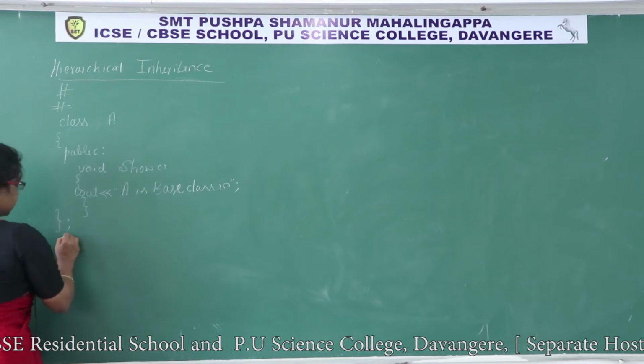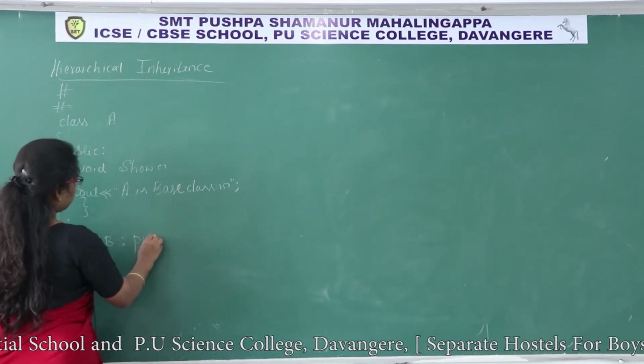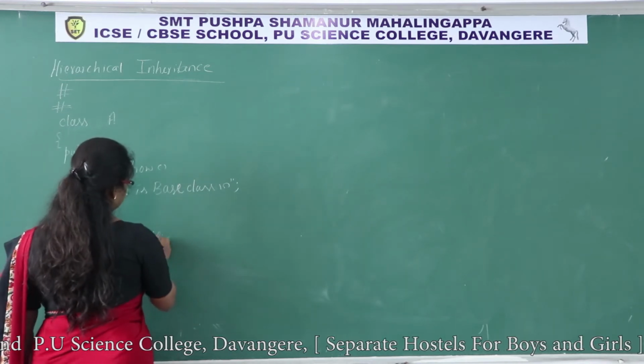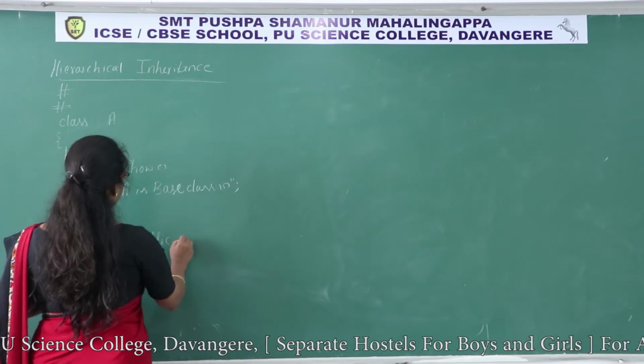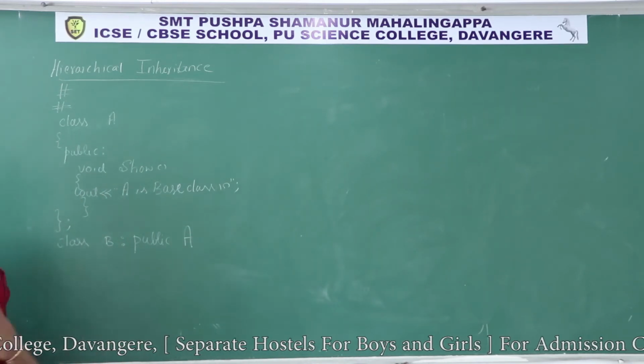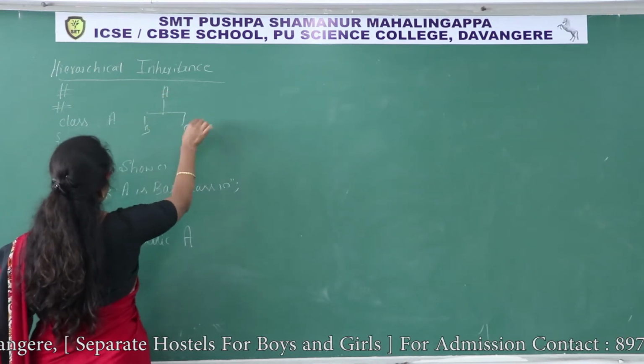Now another class, class B colon, mode of inheritance is public, A. B is inherited from class A. The structure is like this: A, B and C.